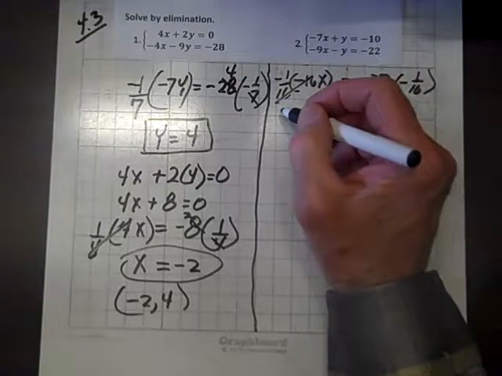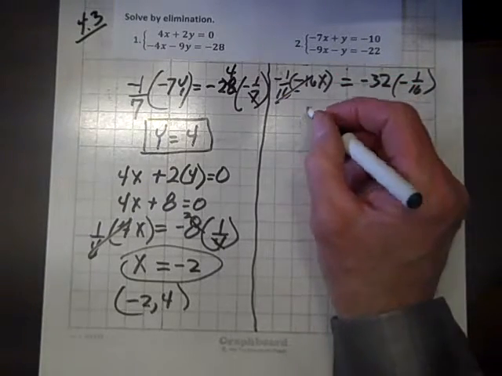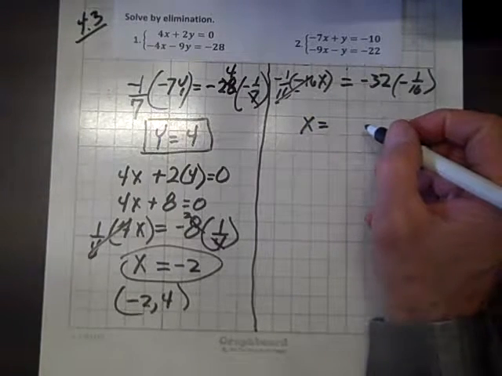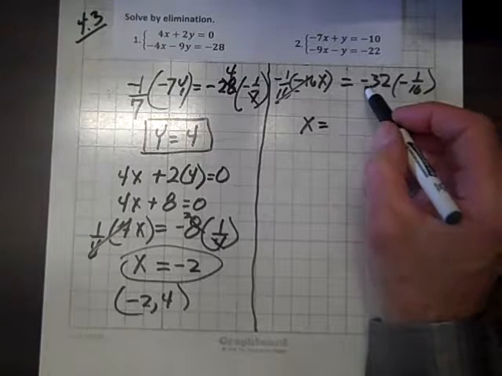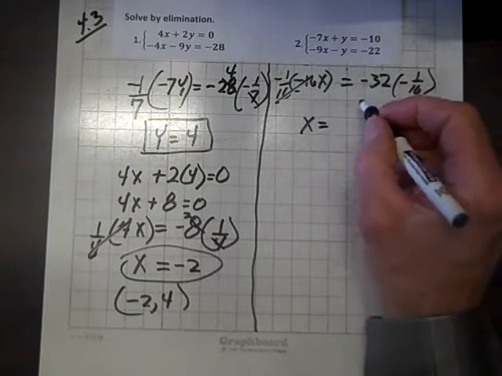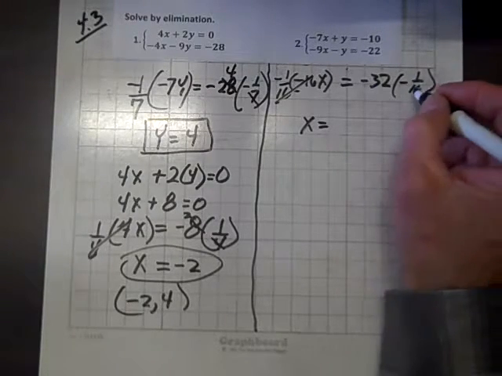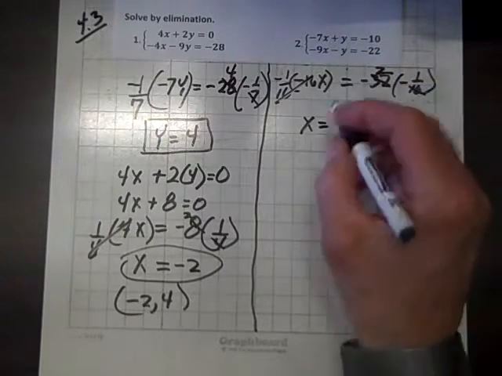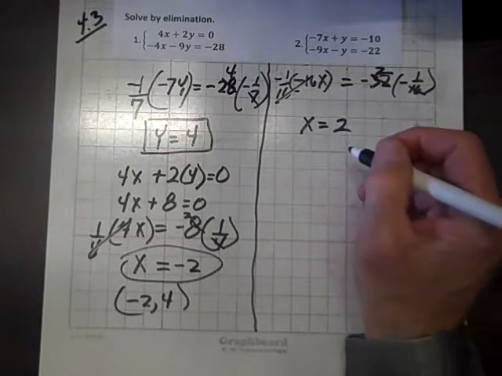Now the 16's divide out, and the product of two negatives is positive, and we get x. We knew we would. The product of reciprocals is 1. Here we have the product of an even number of negatives, so that's going to be positive, and 16 goes into 32 twice. So x equals 2.